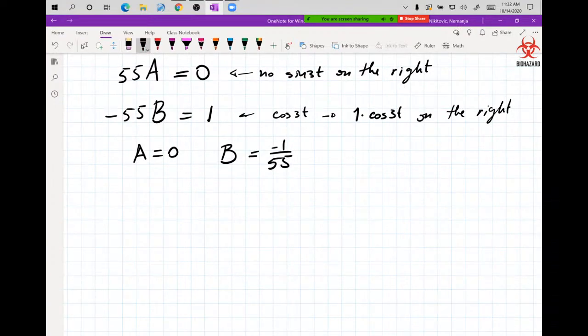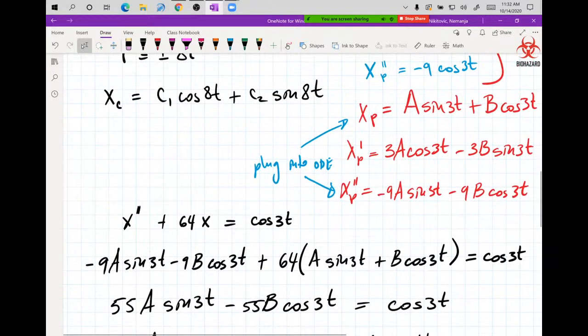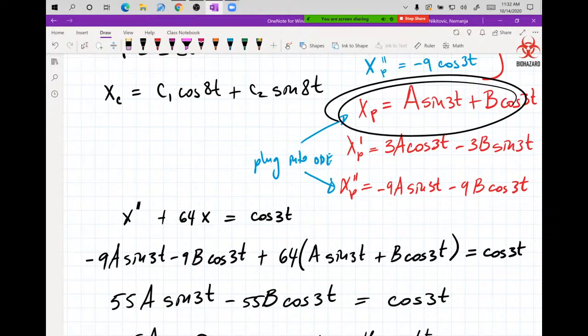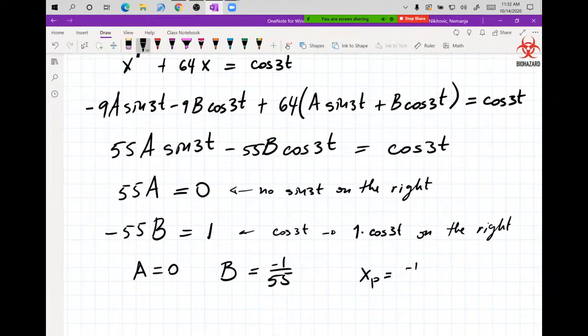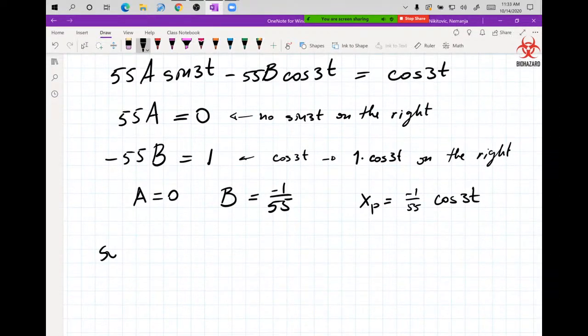So my xp is this. I just figured out that a is 0 and b is negative 1 over 55 cosine 3t. So I can write the solution.